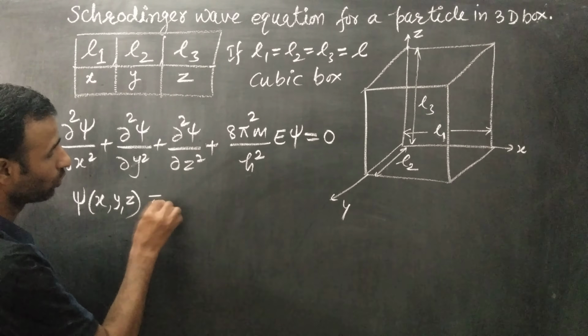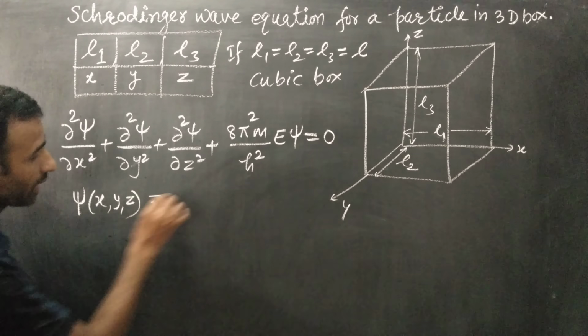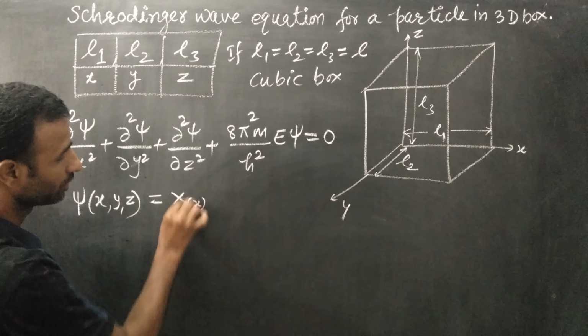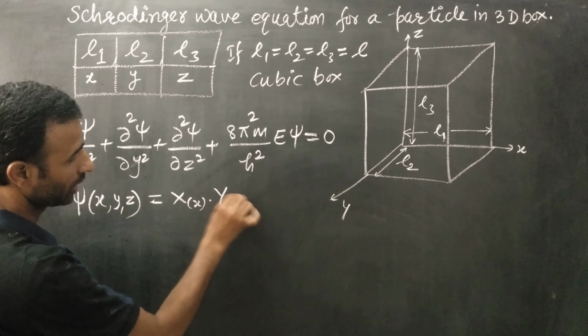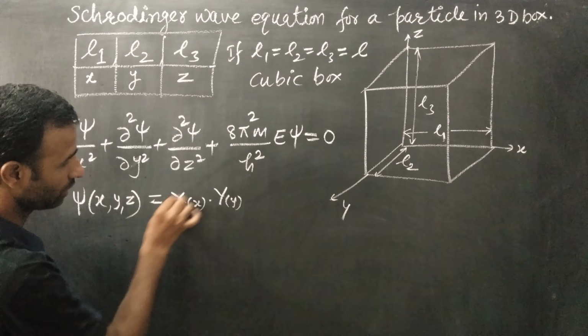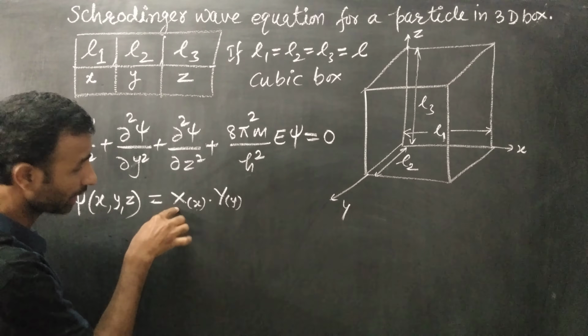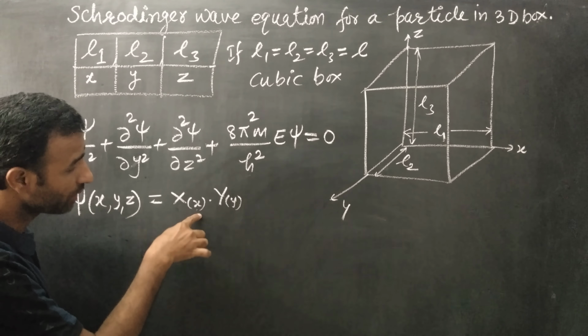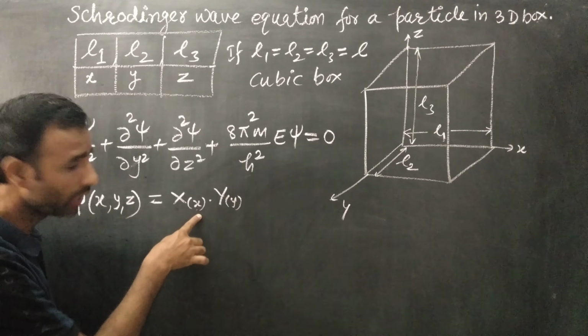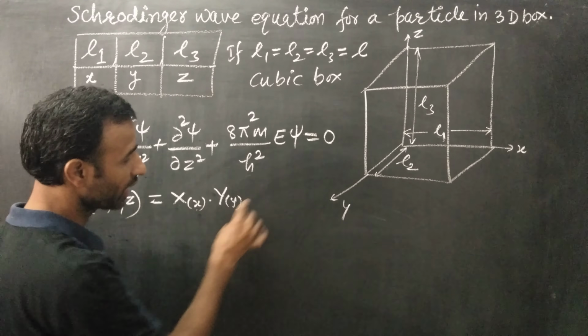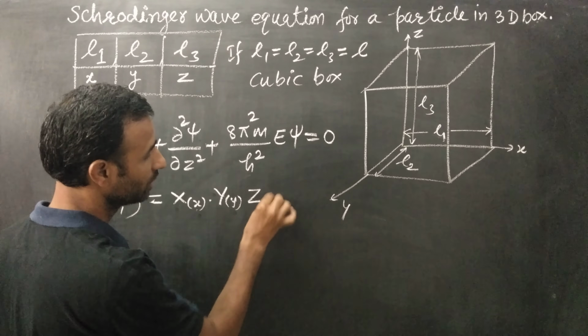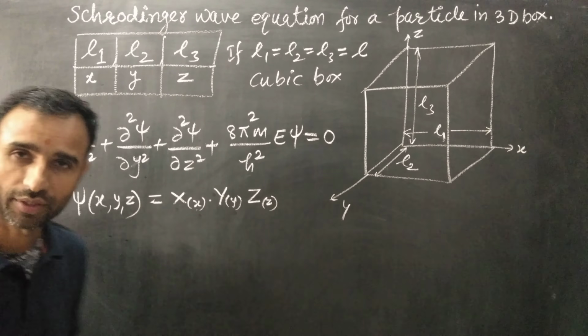Right? So let us divide psi into three parts. Capital X is a wave function which depends upon x only, Y depends upon y only and Z depends upon z only. Right?